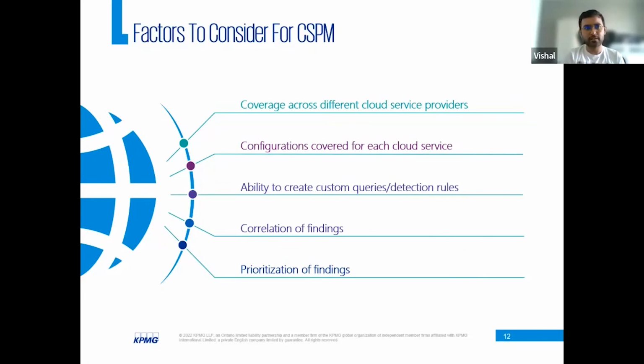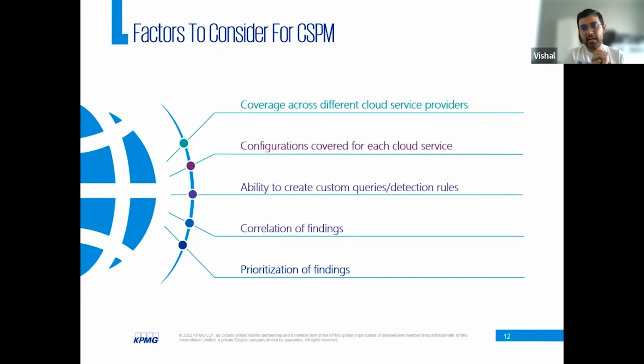And the last two items are around findings or gaps. Typically, a CSPM solution will go through your configurations and tell you what the gaps or weaknesses are, and whether there is any prioritization of those weaknesses.